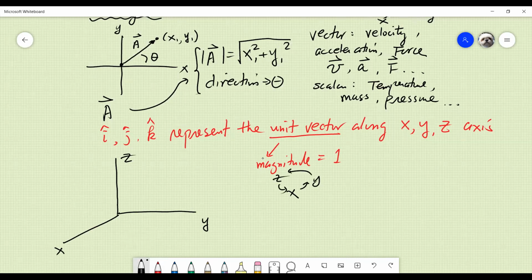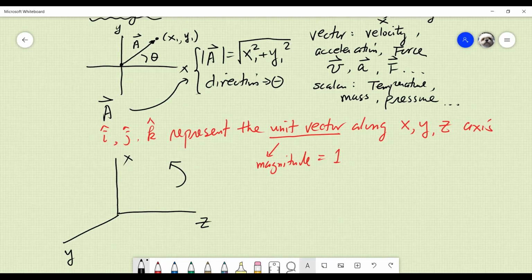So if you want to draw them, if I draw X here, here will be Y, here will be Z. You understand what I'm saying?